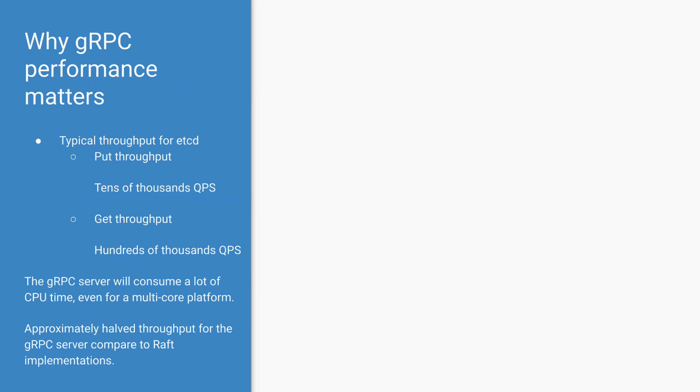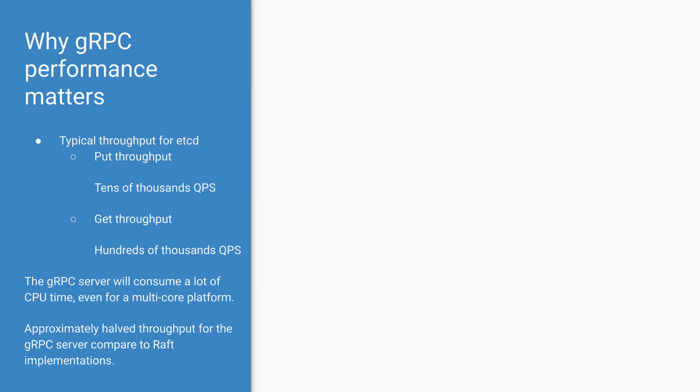So why does the gRPC performance matter? You can see that a typical throughput of put requests for etcd is tens of thousands of queries per second, and the get throughput could be hundreds of thousands of queries per second. So the gRPC server will consume a lot of CPU time, even on a multi-core platform. And Xline currently needs to send two unary requests to the leader.